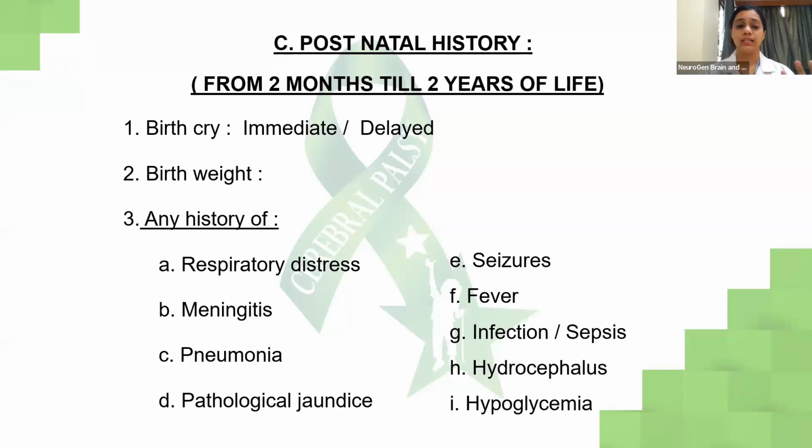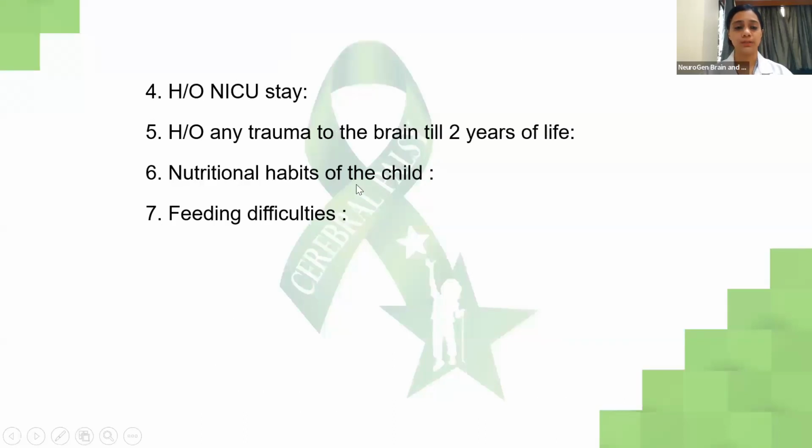If the child has a good birth weight, his Apgar score will be better. If the child has low birth weight, then he may have to go into a neonatal ICU for intervention. Any history of distress or meningitis, pneumonia, pathological jaundice, seizures, fever, infection, sepsis, hydrocephalus, hypoglycemia. Any history of neonatal ICU stay.